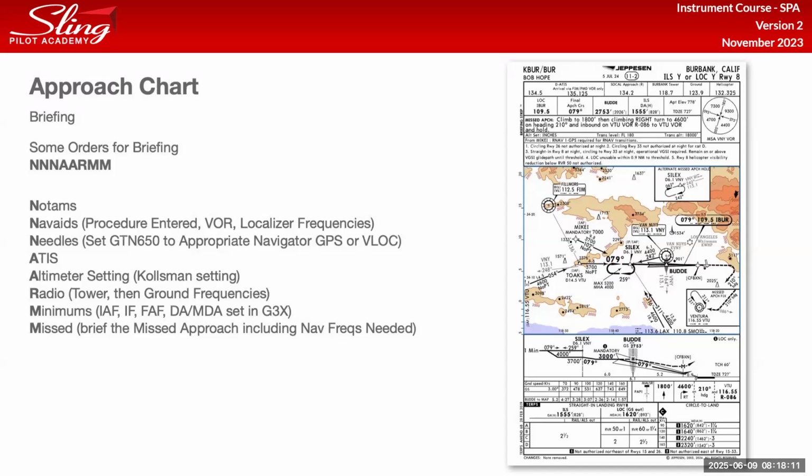So, how do we switch it? Do you know how to switch it? Yeah, CDI. And where do you find that? Oh, in the G3X, I'm so used to that. What's the easiest way to switch it? It's on the GTN 650. You go to, hold on, I know it. What's it called?